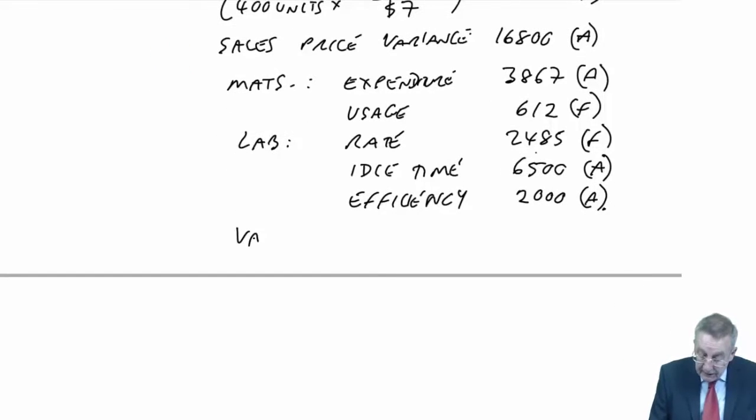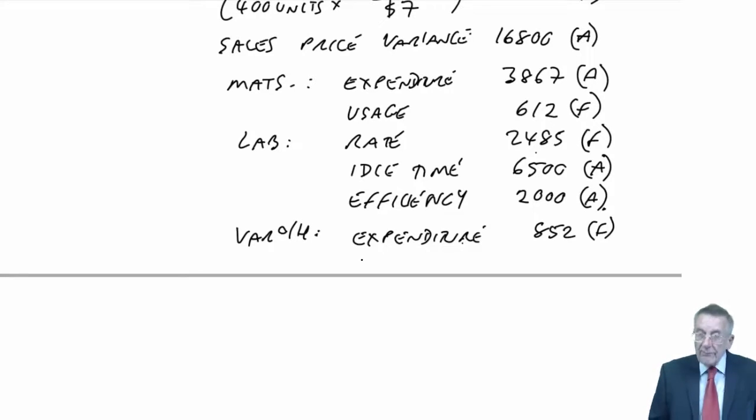A variable overhead variance. Expenditure was 852 favourable. Efficiency variance 800 favourable.